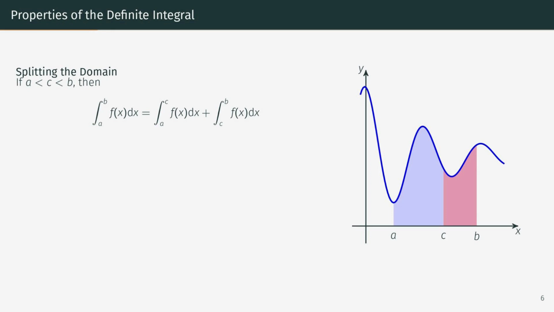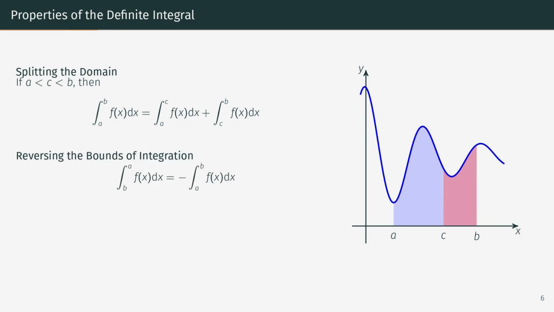The integral then becomes the sum of the two sections. So the integral of f of x dx from a to b is equal to the integral of f of x dx from a to c plus the integral of f of x dx from c to b.